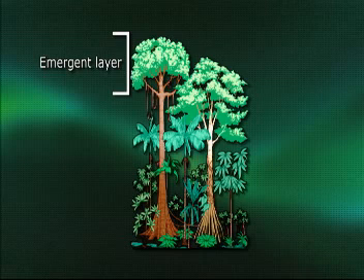The animals that occupy these trees must be able to withstand hot temperatures and high winds. Animals like eagles, bats, and butterflies are examples of species that live in this layer.